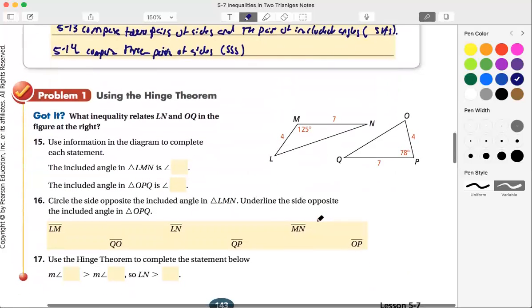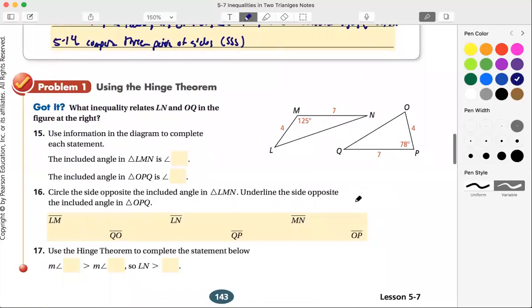All right, let's use a problem here using the hinge theorem. So what inequality relates LN and OQ in the figure at the right? Using information and diagram to complete. So the included angle in triangle LMN is angle M. The included angle in triangle OPQ is angle P. So circle the side opposite the included angle in triangle LMN, and that would be segment LN.